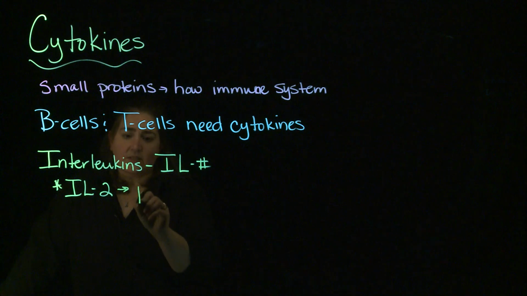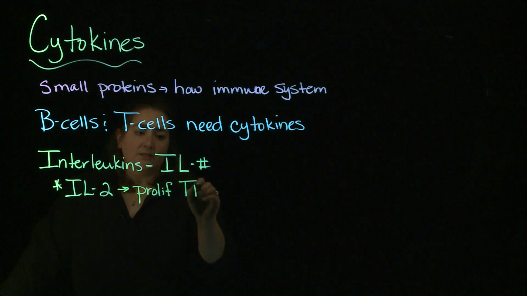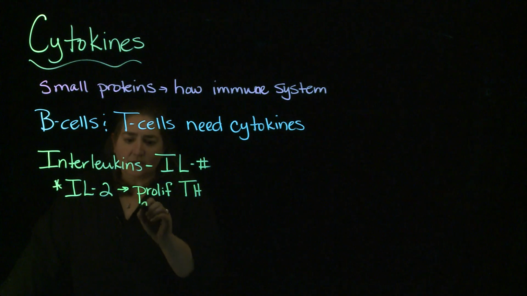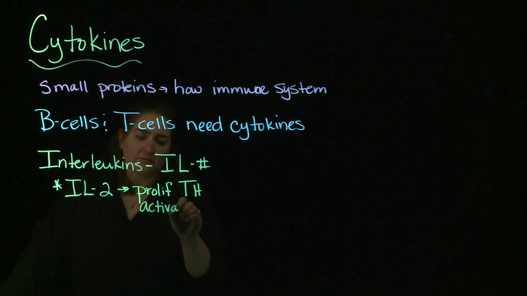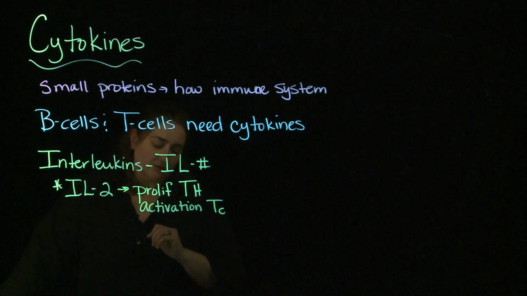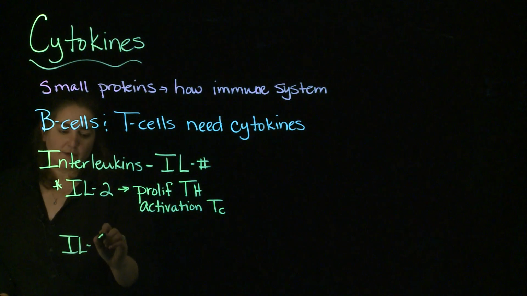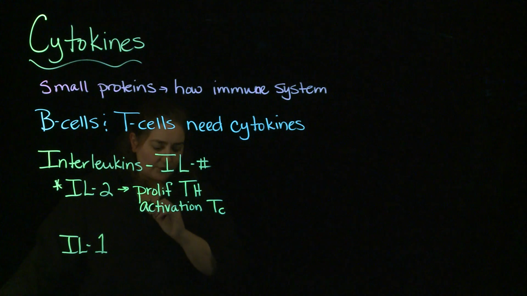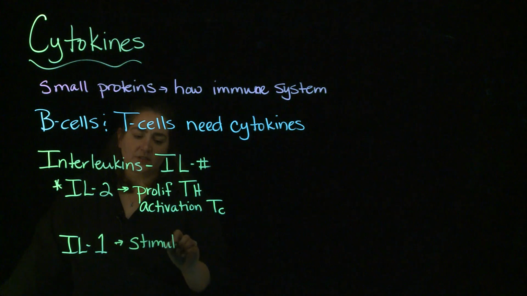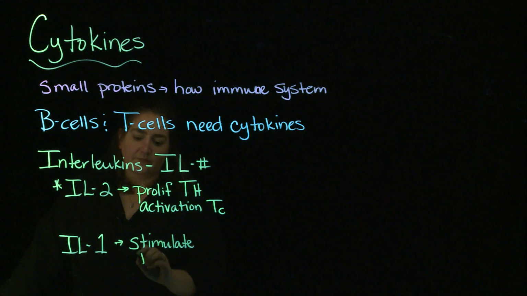So it's going to stimulate our T helper cells, and it's also involved in activation of our cytotoxic T cells. There is also interleukin 1. Interleukin 1 essentially works to stimulate those cells that can undergo phagocytosis.